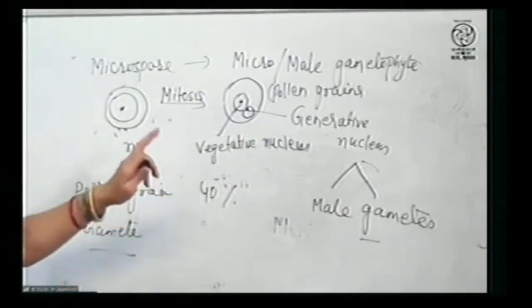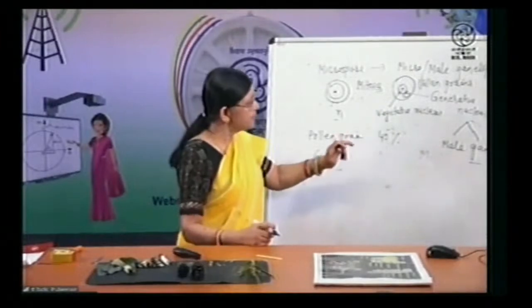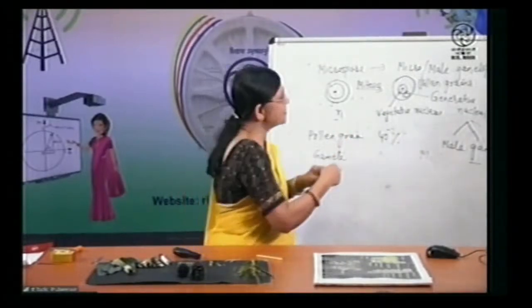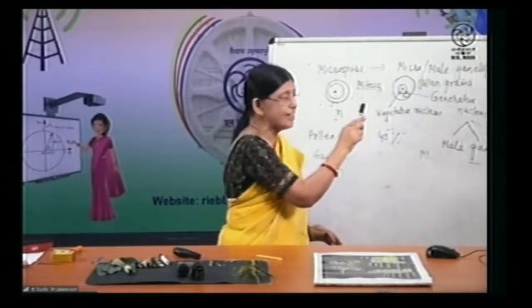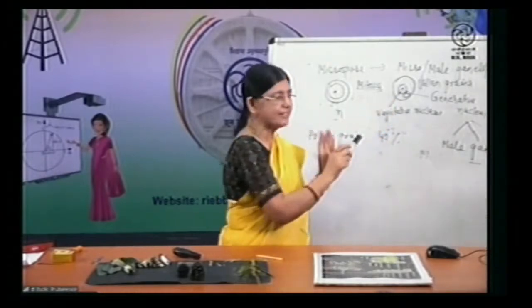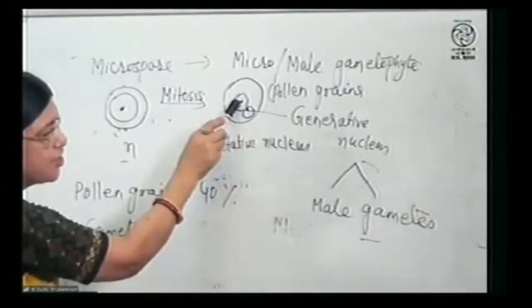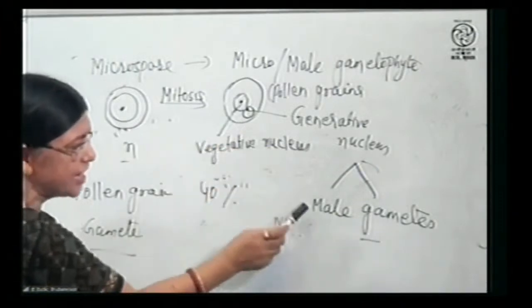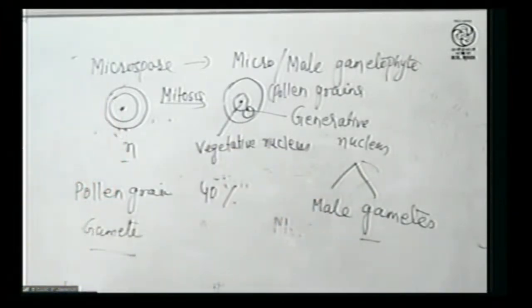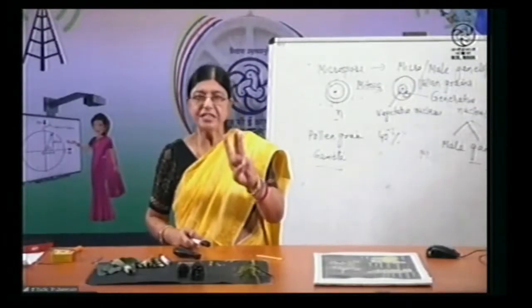So in 40% of angiospermic plants, pollen grains are dehisced in the 3 cell stage. What are the 3 cells? One is the vegetative cell, and the rest 2 are male gametes. So there are 3 cells.